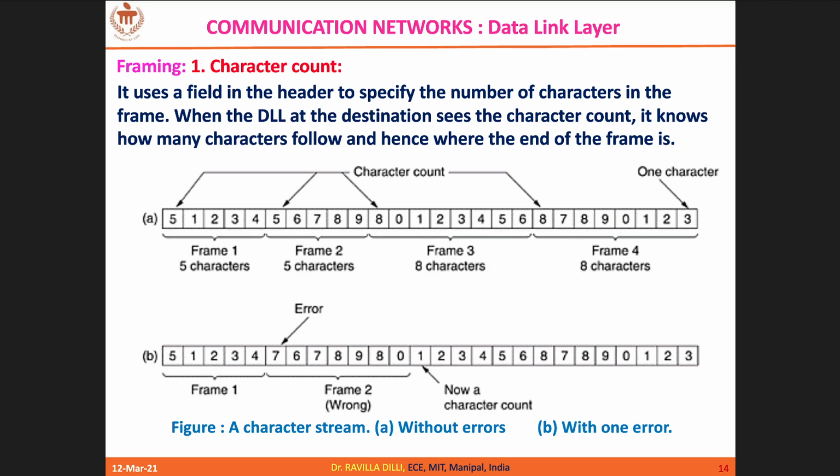Let us assume in the first frame the count value is 5 and the following 4 characters are the frame content. If there are errors in that frame content, that affects only that particular frame. It won't affect other frames. But if the count value, the first field of any given frame, has errors, then the successive frame boundaries will change. That is the drawback of character count.